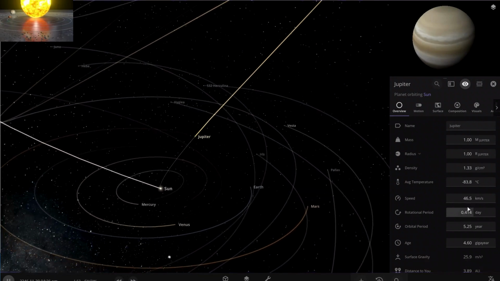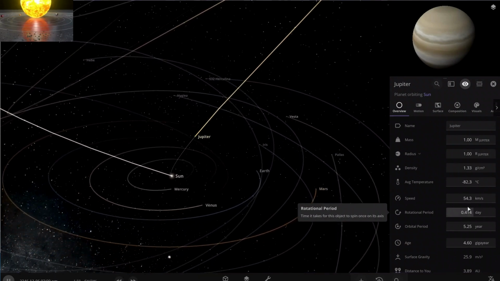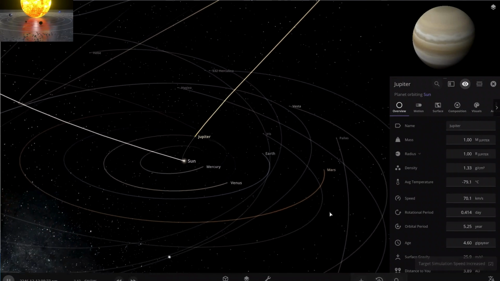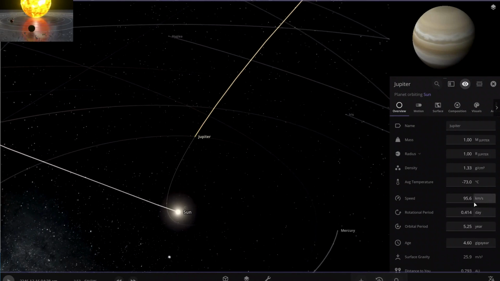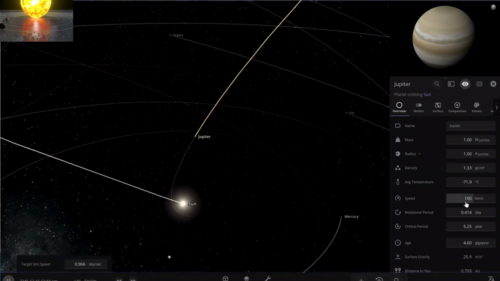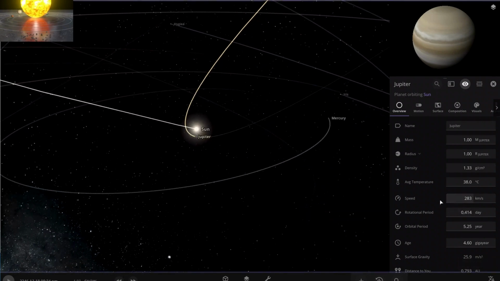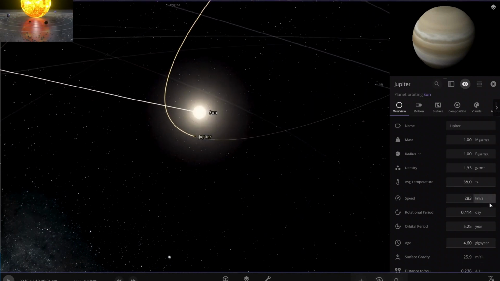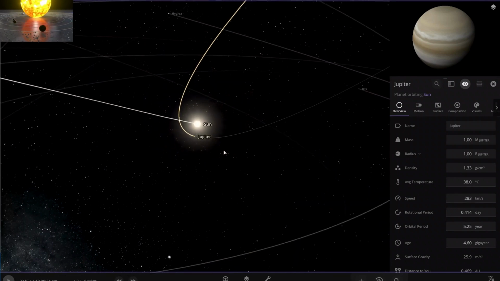You can see it's increasing. It's 50 kilometer per second. And when it get close to the sun, it's in maximum speed. It's 100. And oh, the speed when it's in the closest part to the sun, its speed is around 283 kilometers. So it's strange.